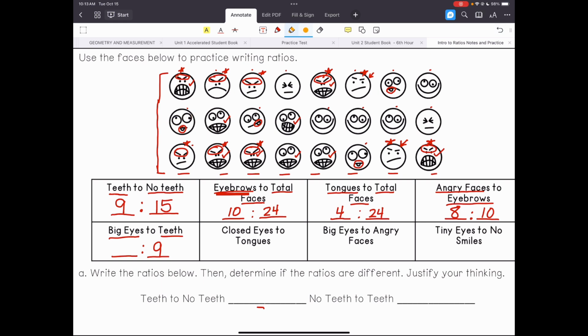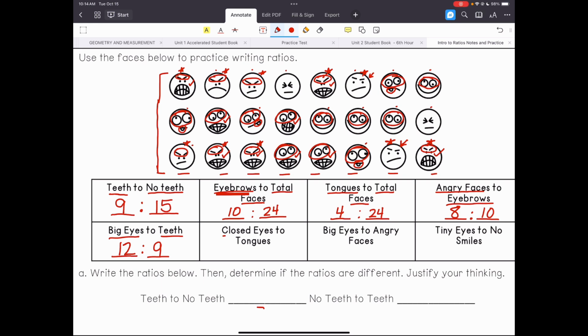So let's go ahead, and I'm going to circle the eyes now. So none on these first couple at the start here at the top. So 1, 2, 3, 4, 5, 6, 7, 8, 9, 10, 11, 12 of the big eyes. So 12 to 9.